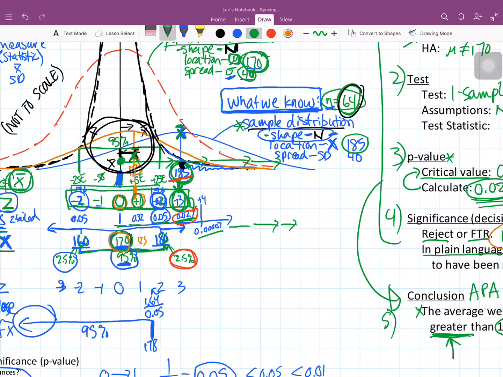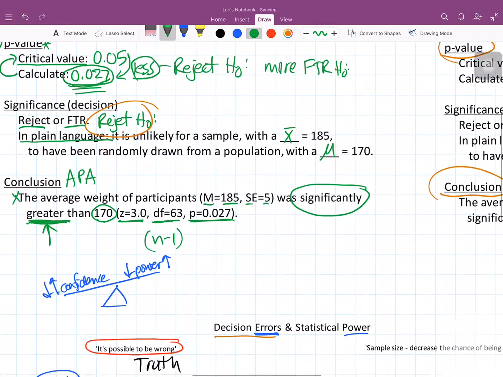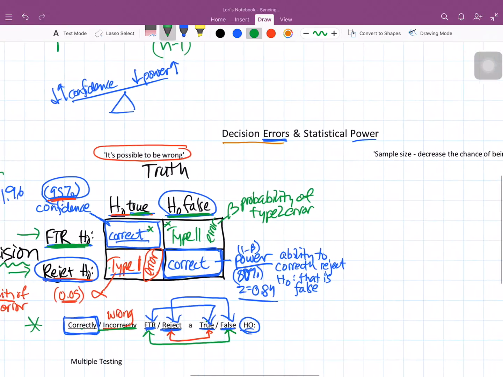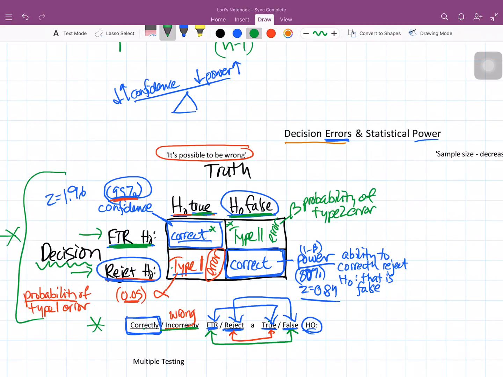No. The thing about power is that we could have just not had a big enough sample size in order to detect that difference as being statistically significant. Remember, it all keeps going back to the sample size. So this beta is the probability of a type 2 error, and if we take the opposite of this 80%, that means that 0.20 or 20% of the time, if we have our power set at 80%, we're actually going to be wrong.